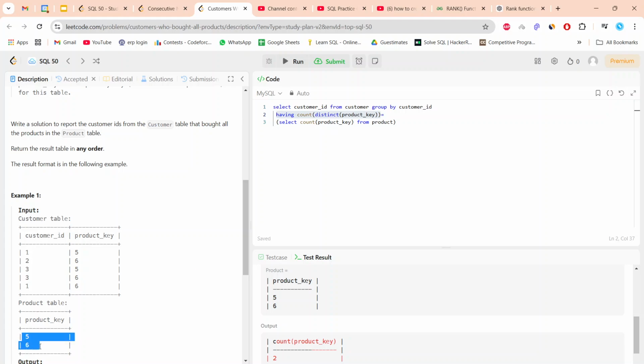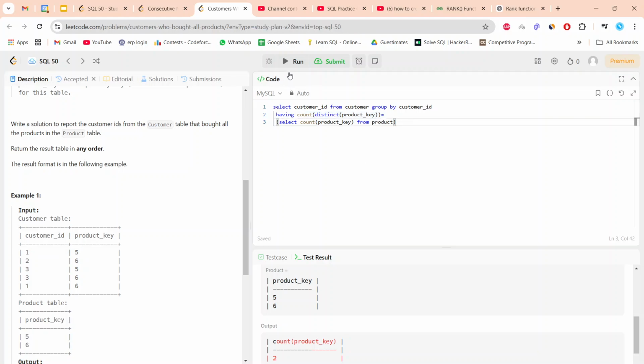So the total count is 2, and the count of unique products bought by customer ID 1 is also 2. Hence, if these two are equal, it means customer ID 1 has bought all the products from the product table.